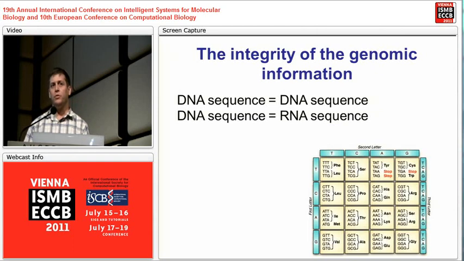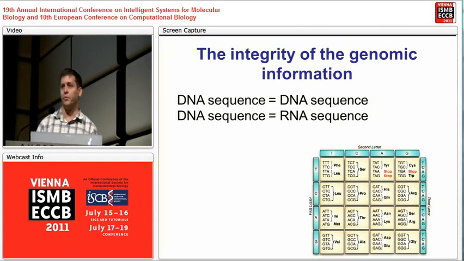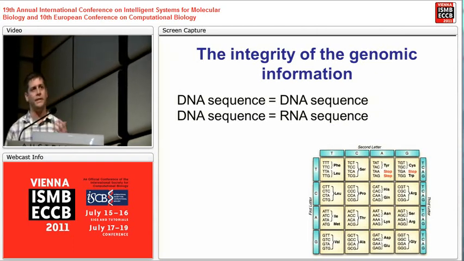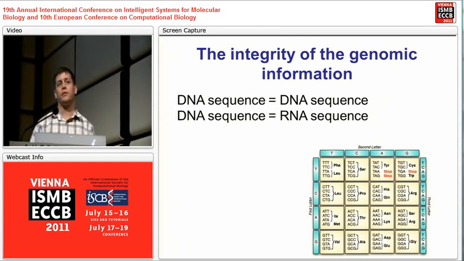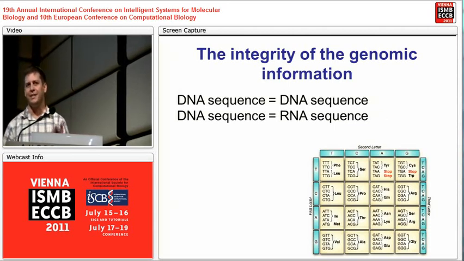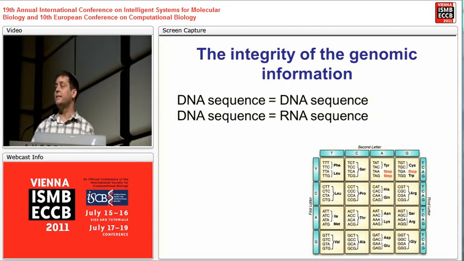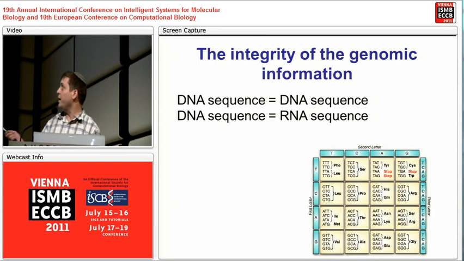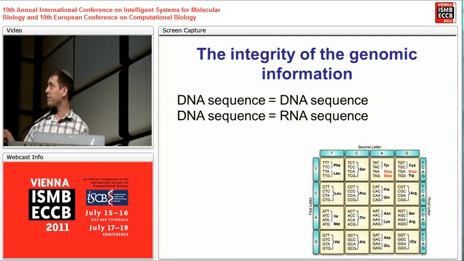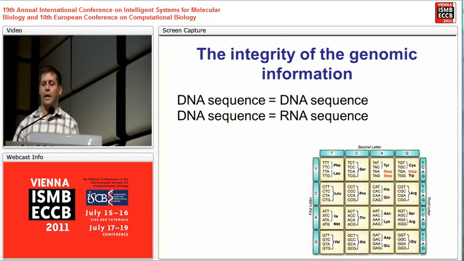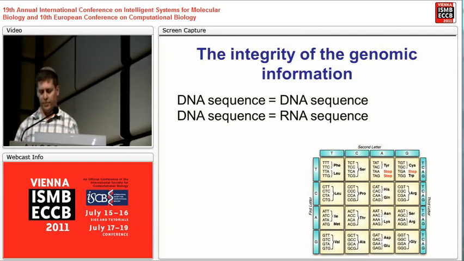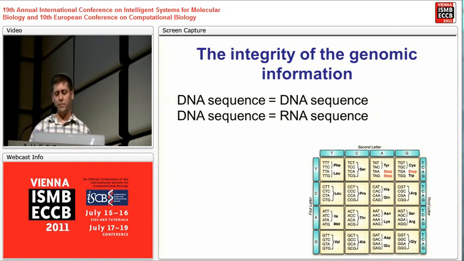We also used to believe that the RNA sequence is an identical copy of the DNA origin it is derived from. Setting aside splicing, which just removes part of the sequence, the core sequence, the same nucleotides, stays the same. If we know the DNA sequence, we can use the genetic table to translate it into RNA and proteins, and we know the whole genetic information flow.